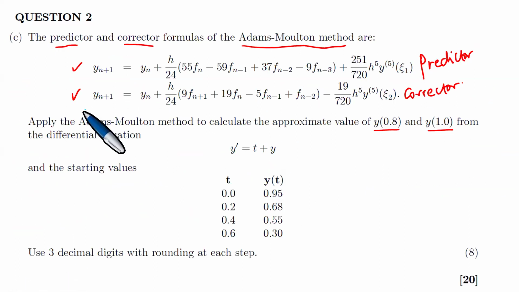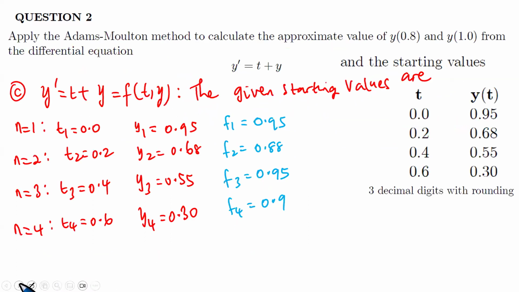Remember that the corrector is yn plus 1, which is yn plus h over 24, open bracket, 9 fn plus 1 plus 19 fn minus 5 fn minus 1 plus fn minus 2, close bracket, minus 19 over 720 h to the 5, the fifth order derivative of y at xi. This is the corrector.